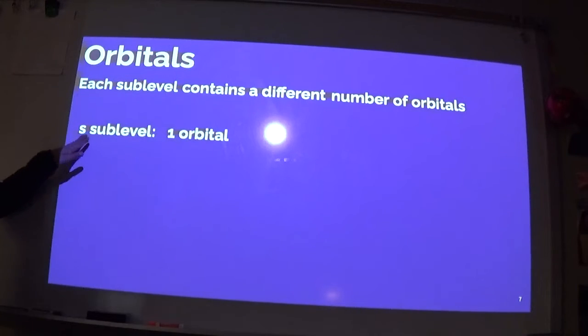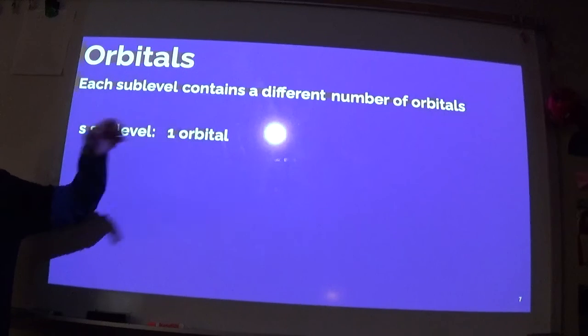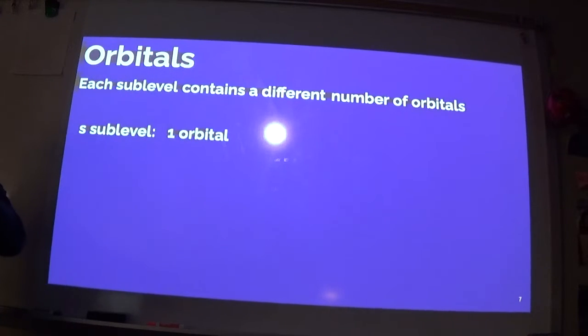If I have an S sublevel, whether it's 1s, 2s, 3s, 4s, it doesn't matter which one, if there's an S subshell, it contains one orbital. One pocket, so to speak, where electrons can spend their time. This is true on all the energy levels.